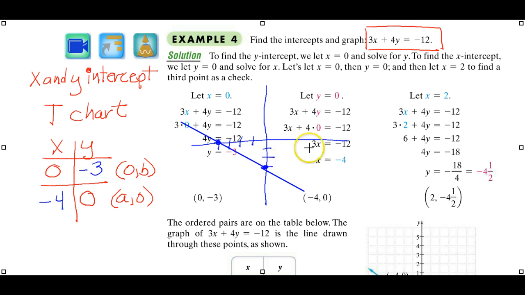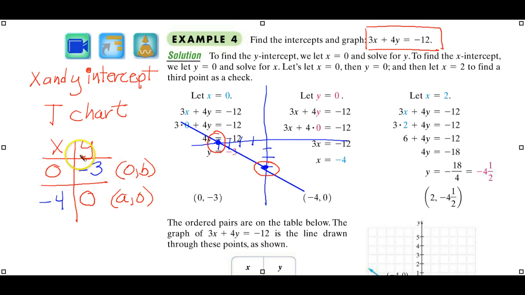And then it's just a matter of putting in your line. It's off a little bit, but you see now we have plotted and found the x and the y intercepts.